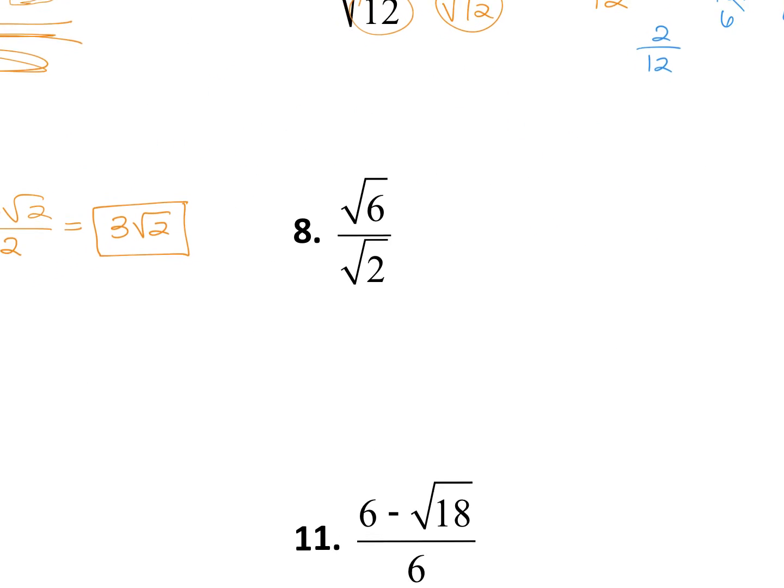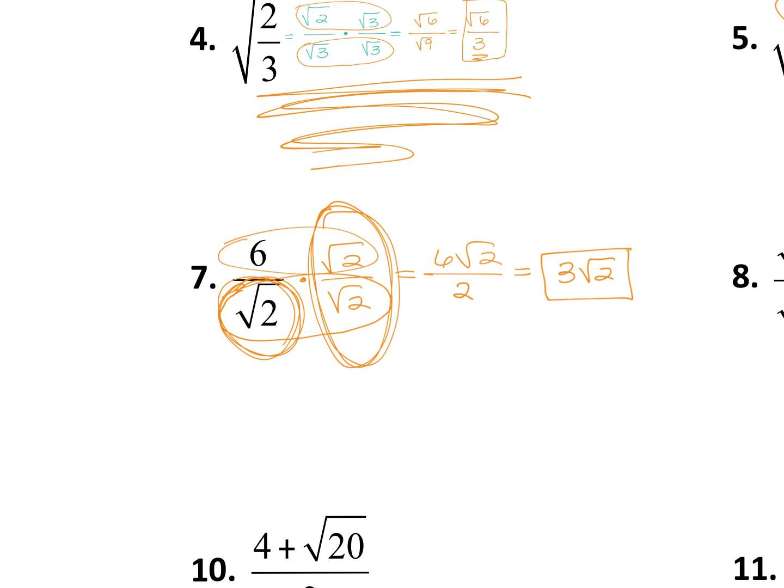So if in doubt, if there's a fraction, multiply by the denominator over itself, right? Because this is essentially the number 1. And if you multiply by 1, it doesn't change the value of what we're talking about. And then from there, it's just multiply across. So multiply 6 times rad 2 and multiply rad 2 by rad 2. And I get 6 rad 2 over, technically this is rad 4, but we simplify that to 2. And then you can reduce 6 over 2 is 3 over 1. Okay?